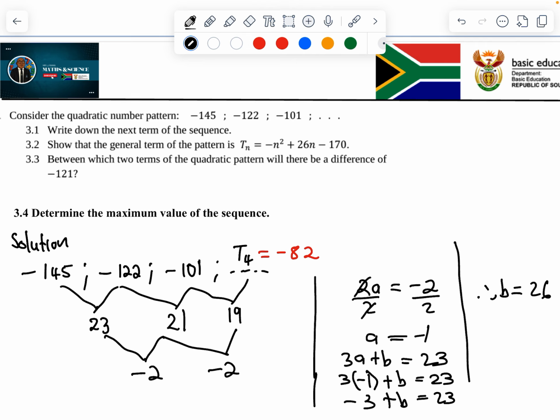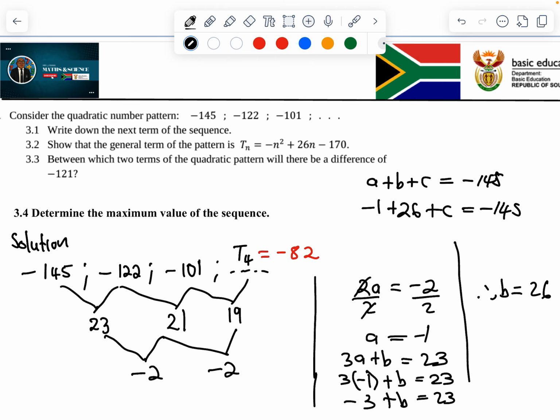Then to get c, we say a plus b plus c equal to the first term of the pattern, which is -145. Our a is -1, our b is +26, and c is what we are looking for.